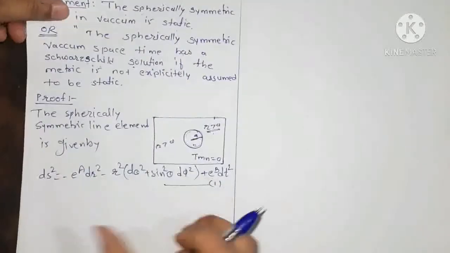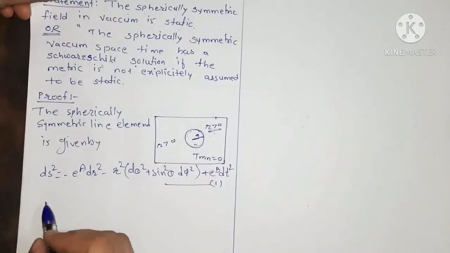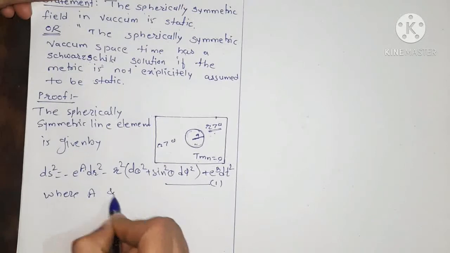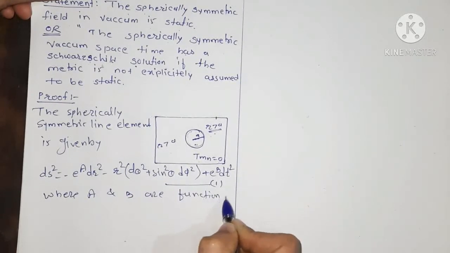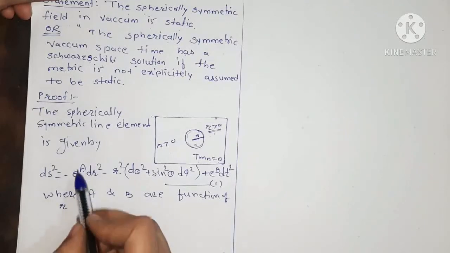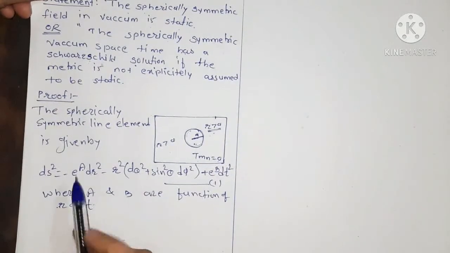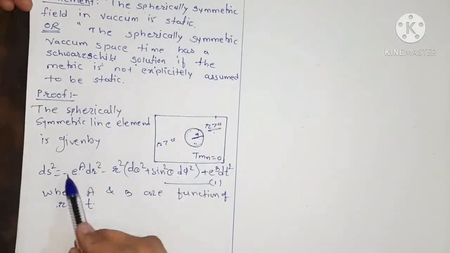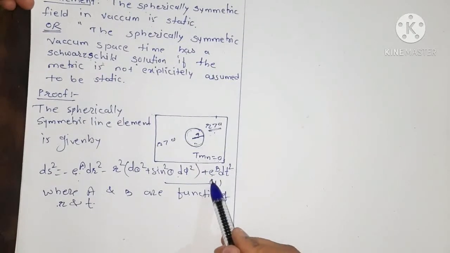So we take the line element. Now here, a and b are functions of r and t. That is, our line element is not static now, because e to the power a depends on t, and e to the power b depends on t.